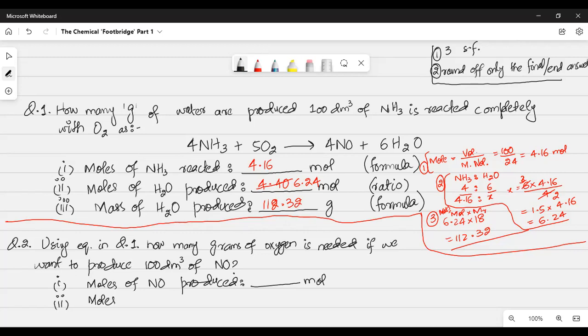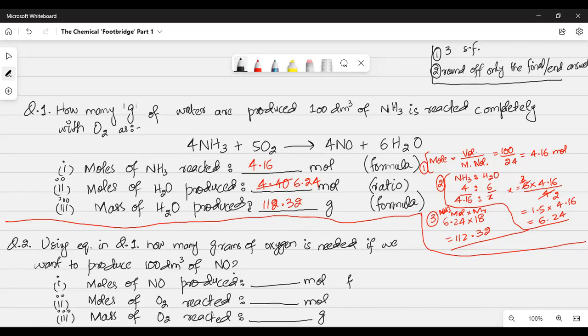The way I am writing the steps is still pretty much the same. Moles in first step, moles in second step, and whichever quantity I have asked in the question comes out to be third, which is mass of oxygen reacted. It's just the difference of which comes first and which comes after.